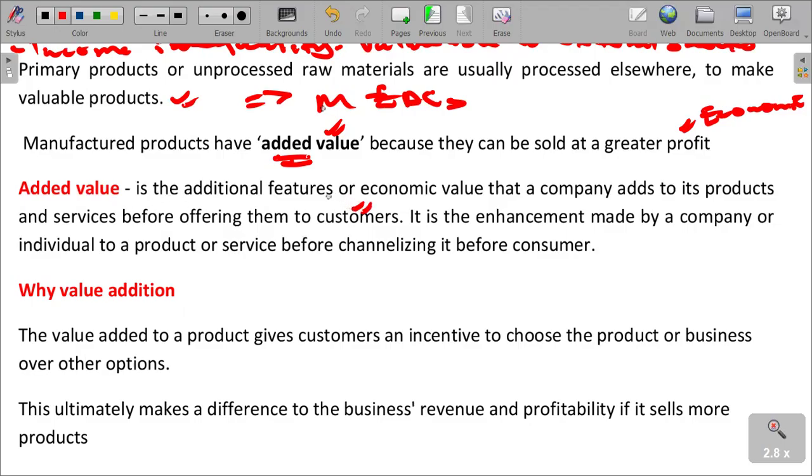When minerals are mined or agricultural produce are earned, there are certain additional features, certain manufacturing modifications that are done to those in order for them to make sense to our consumers. So it is the enhancement, the betterment made by a company or individuals to a product or services before channelizing it to the consumers.